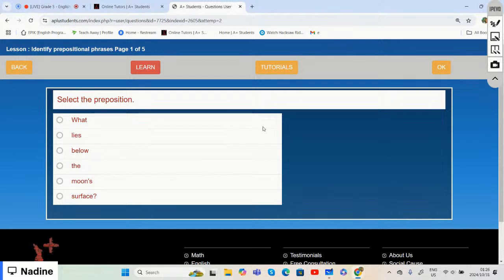What is the preposition? If we were to choose the correct preposition, we would say option three, below.